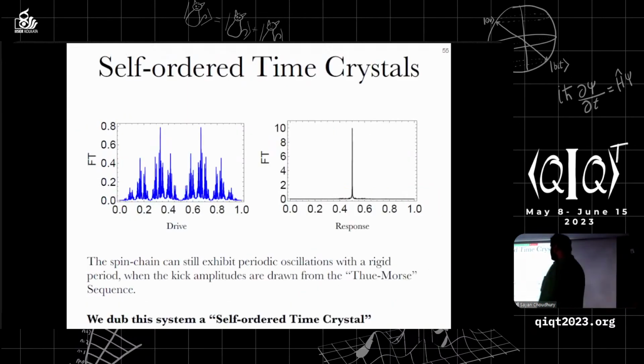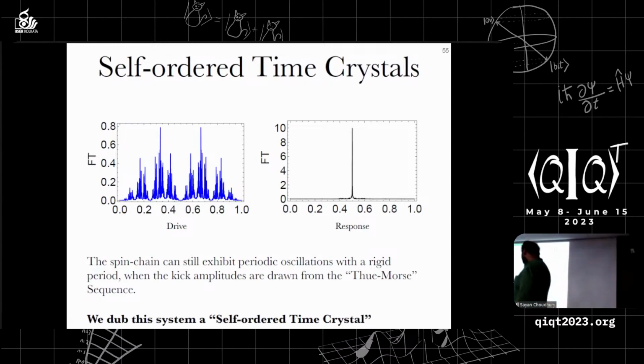But the result is basically the following. If I were to take a Fourier transform of the drive amplitude, it has all these various peaks. If we take it from a quasi-periodic drive, I'll tell you the specific form of the quasi-periodic drive, the response shows a sharp peak. And this kind of sharp peak in Fourier space is the signature of a time crystal.